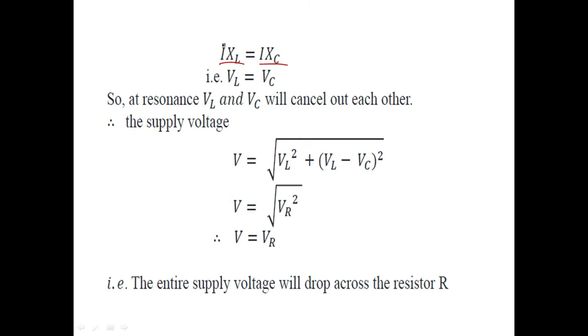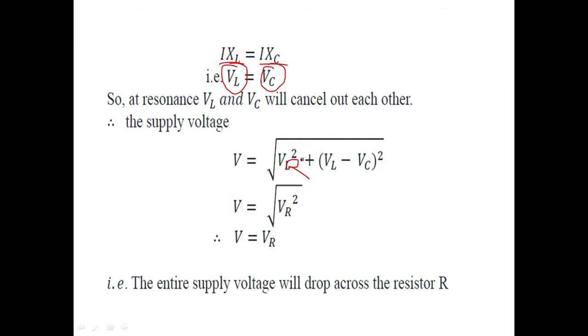Hence the voltage drop across the inductor is VL and the voltage drop across the capacitor is VC. At resonance, VL and VC cancel each other out, and the supply voltage V is equal to the square root of VR squared plus (VL minus VC) squared, where VR is the voltage drop across the resistor.